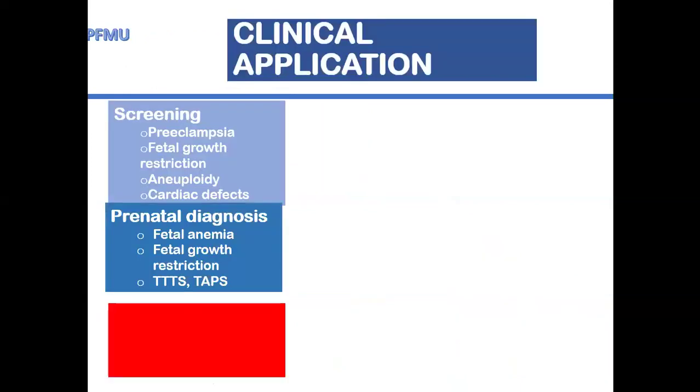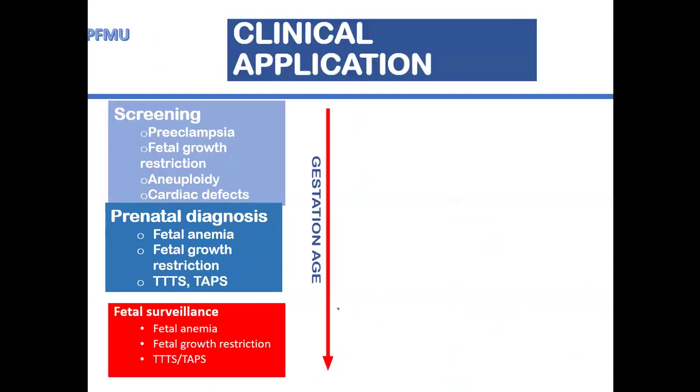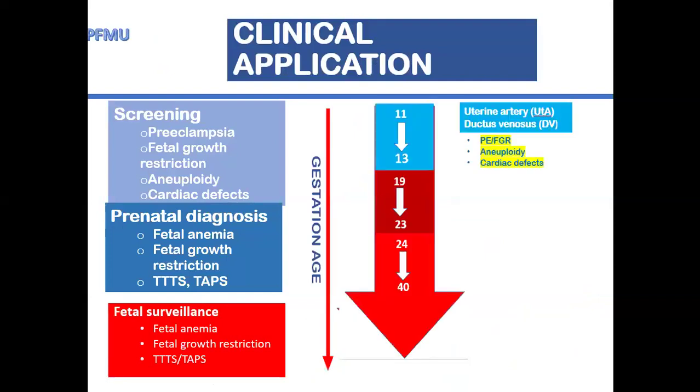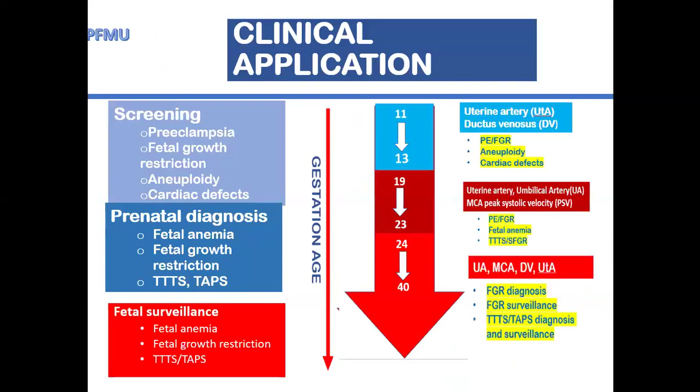So what are some of the other clinical applications? This is my last slide. Dopplers are not only used in FGR, they are also used in cardiac defects. They are also used in prenatal diagnosis of fetal anemia, fetal growth restriction, and TTTS, TAPS.